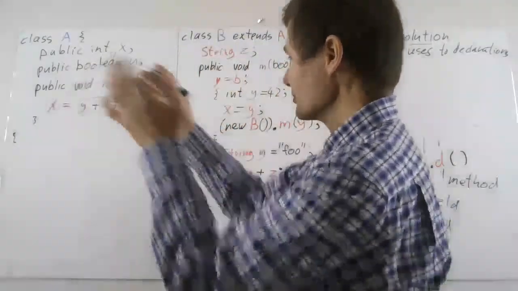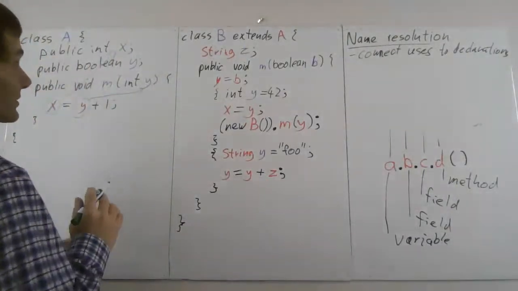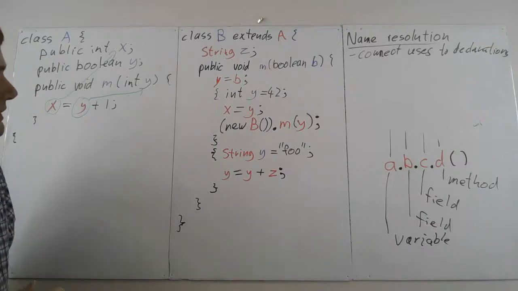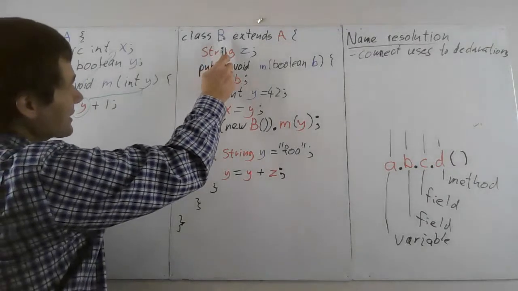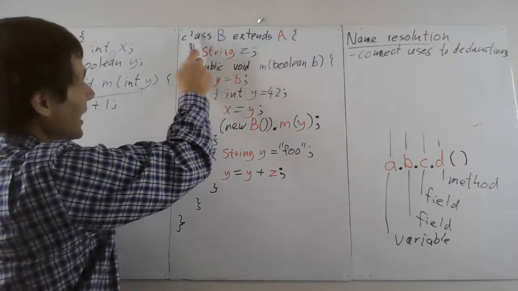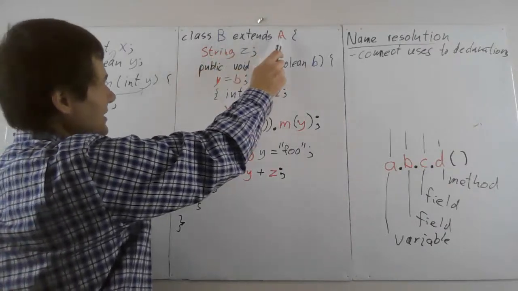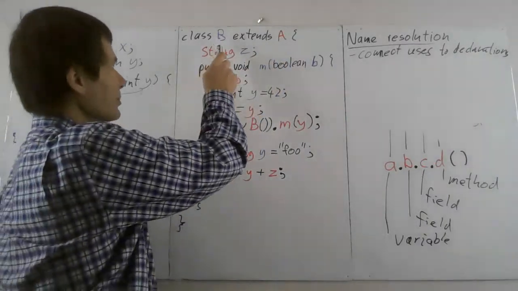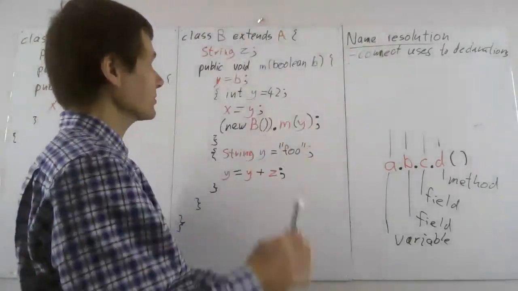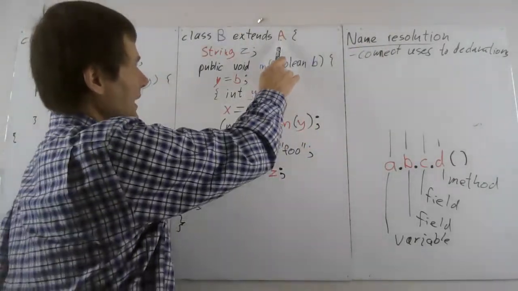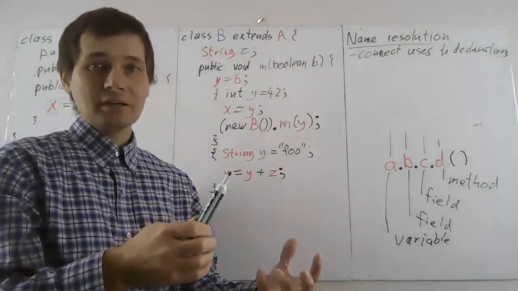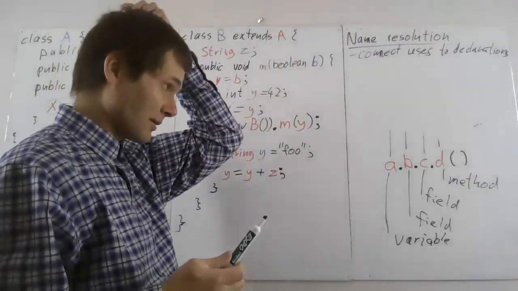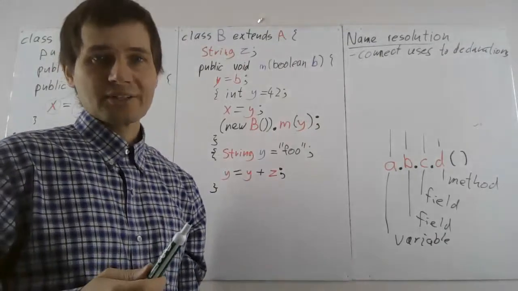Okay, so maybe you're thinking, okay, this is easy, right? These are trivial, but let's see some more examples here. One thing that we see here is I declare class B, and I say that the class B extends class A. B here is a declaration. I'm saying, okay, here's the new concept class B, but A is a use, right? There could be lots of classes that extend the same class A. So for the A, we're trying to figure out which class A we're extending, right?